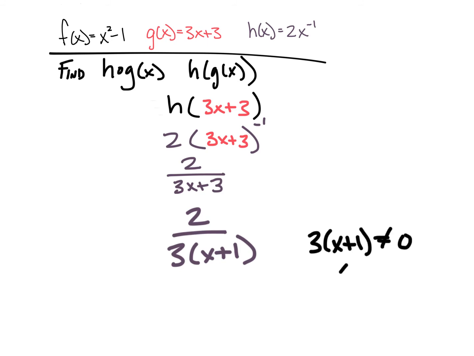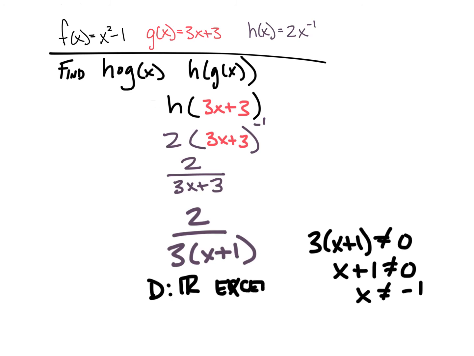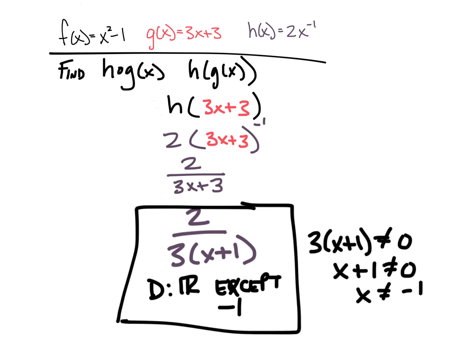Divide both sides by 3, and the 3 goes away. So x cannot be equal to negative 1. So my domain is all real numbers except negative 1. That's because if I plugged in a negative 1 into this denominator, it would cause it to divide by 0, and we can't have that.